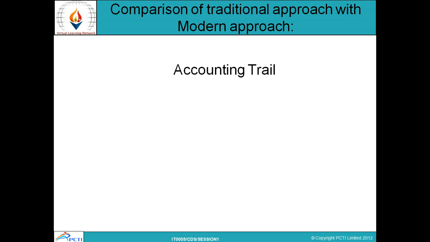That's what the difference is. Like personal, real and nominal account in traditional approach, modern approach it is assets account, expenses account, revenue account, right? Let's take an example for your understanding on this system.